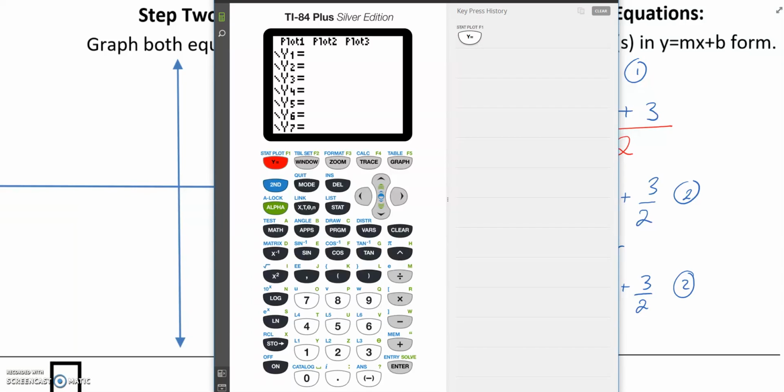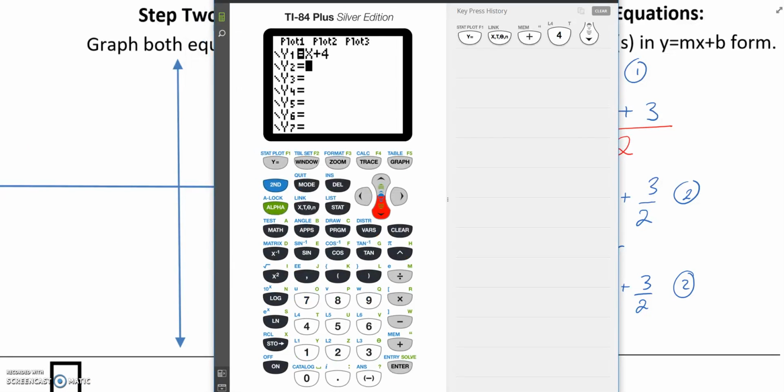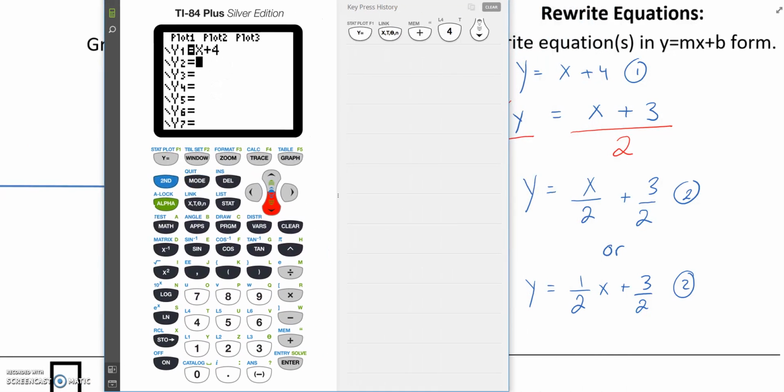We'll put in the first one, which was x plus 4, under y1, and then y2, we've rearranged that to 1/2 x plus 3 over 2.